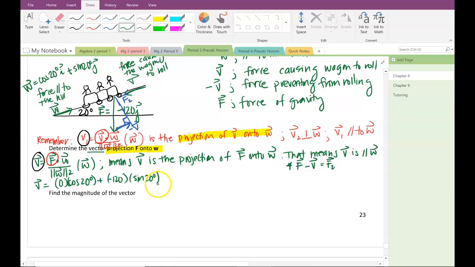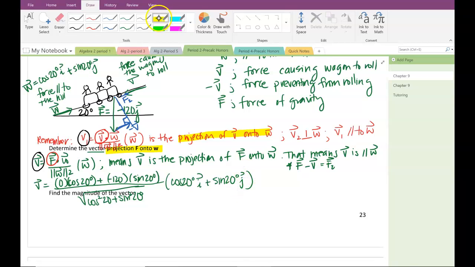Close that up, all over the square root of vector W, which is cosine squared of 20 degrees plus sine squared of 20 degrees, times vector W, which is cosine of 20 degrees in the i direction, plus sine of 20 degrees in the j direction, okay?